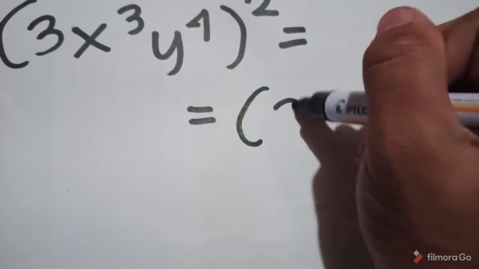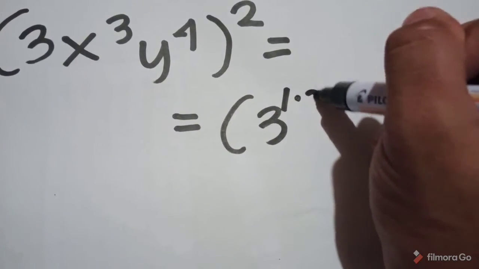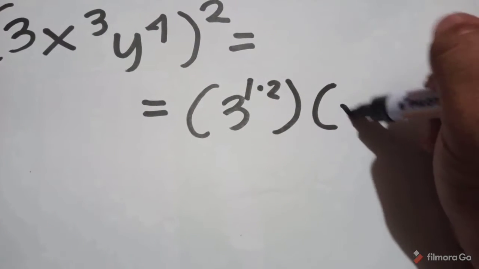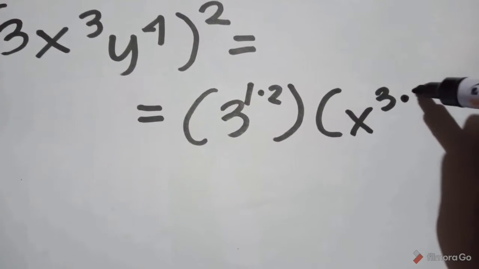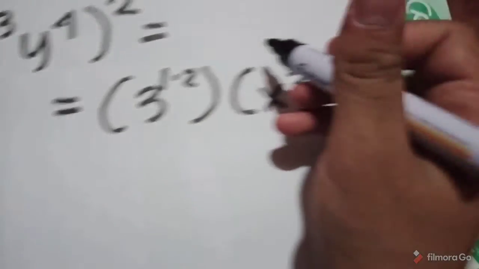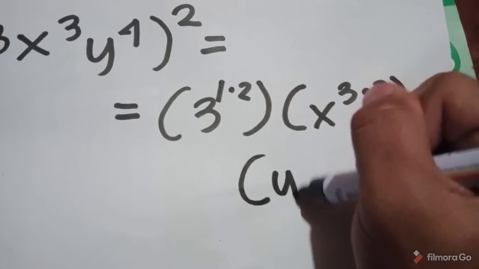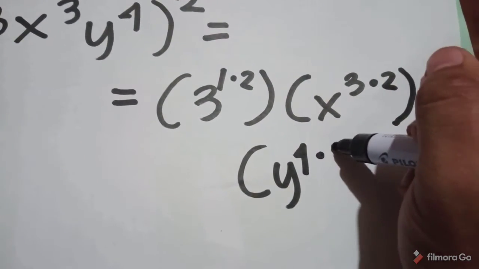Such as 3, multiplied by 1 times 2. Then, for the factor x, the exponent 3 will be multiplied by the outer, and y, which is 4, multiplied by the outer exponent, which is 2.